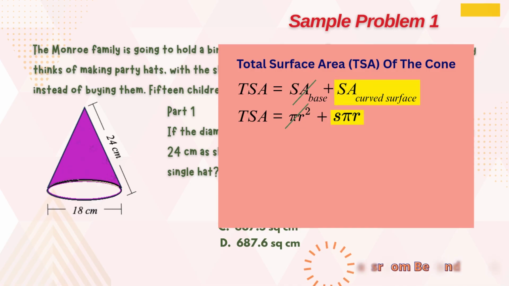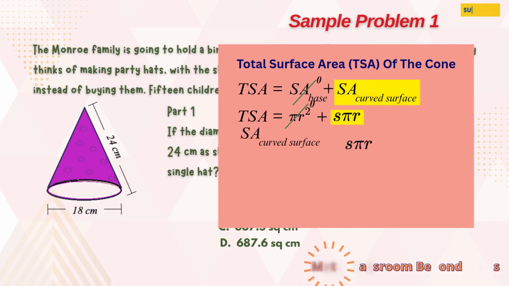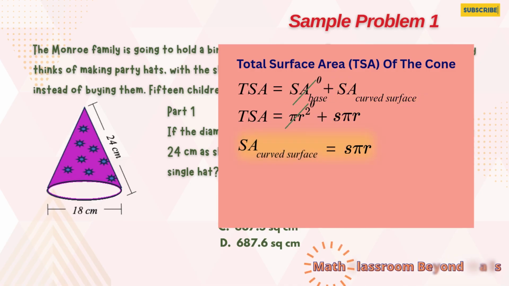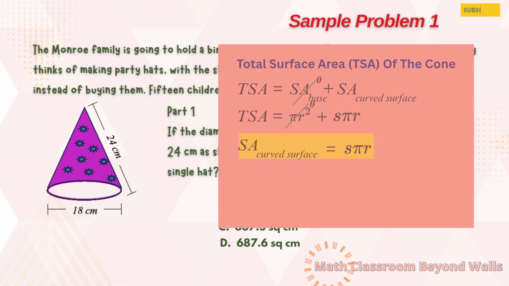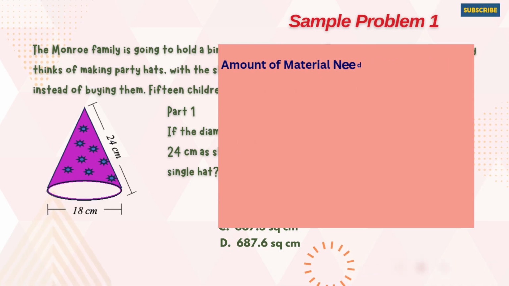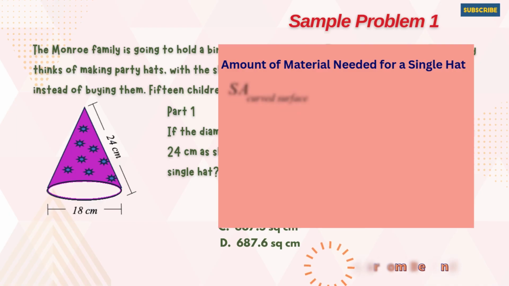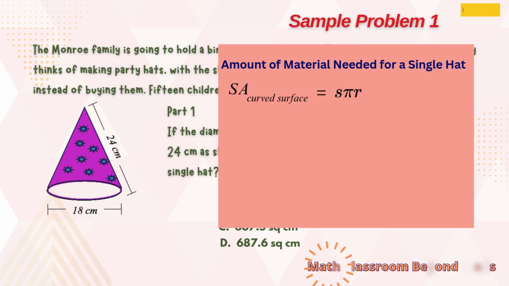We are now only left with the surface area of the curved surface. This is the part of the formula that will help us find the amount of material needed for a single hat. Let us then write the formula. So the surface area of the curved surface is equal to pi S R. By looking at the formula, the following are needed: the slant height, S, and the radius, R. The slant height, S, is given, but the radius, R, is not.